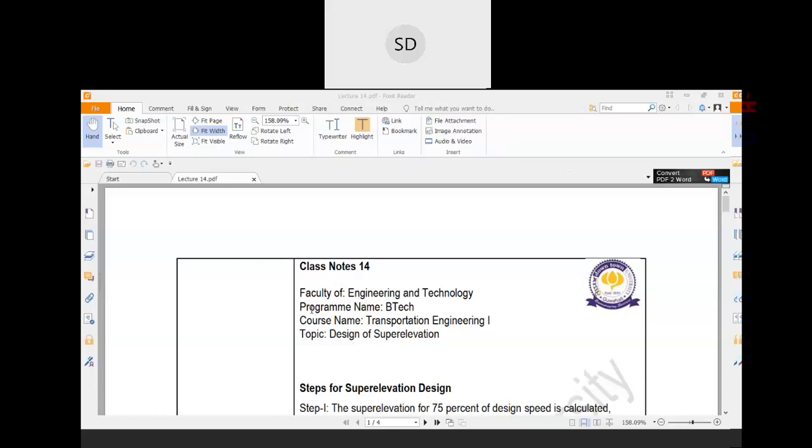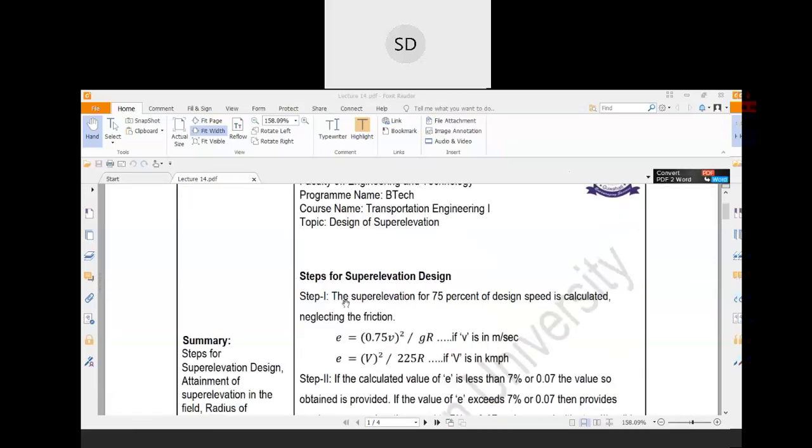Your basic equation remains the same, that is E plus F equal to V square by GR. For this case there are basically 4 steps.